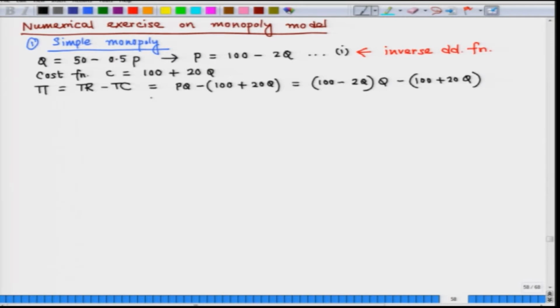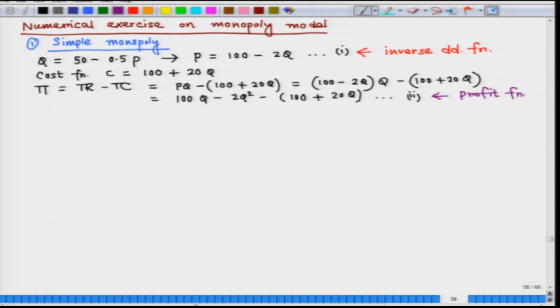So, the revenue function, if I expand, it will become 100q minus 2q square, and then of course, I have this 100 plus 20q cost component, right. So, this is my profit function. So, let me use this equation number 2 to have my profit function. This is my objective function as well, which the monopolist would like to maximize, right.